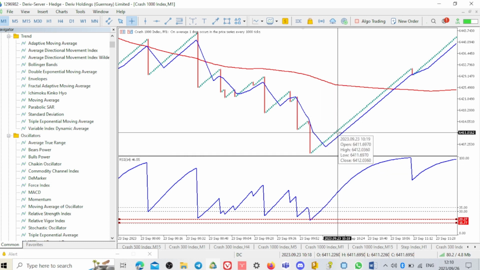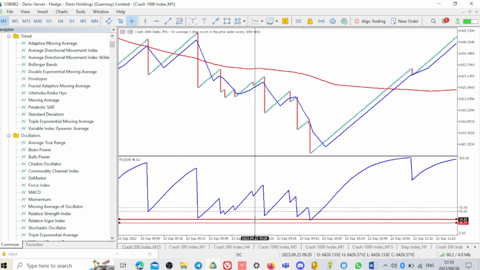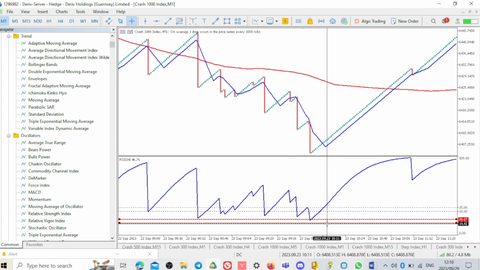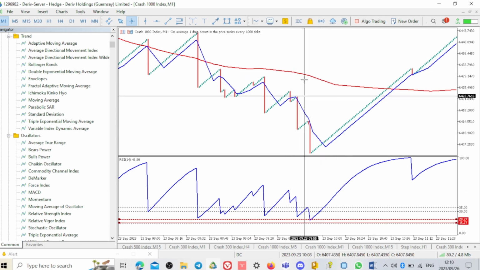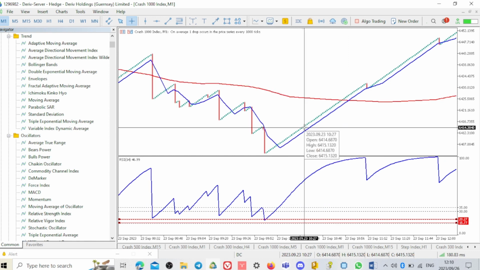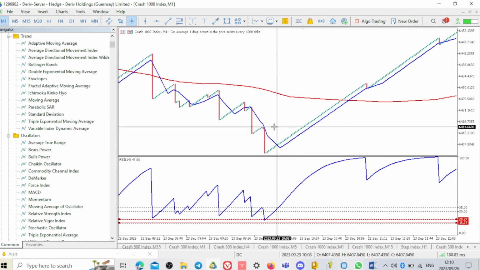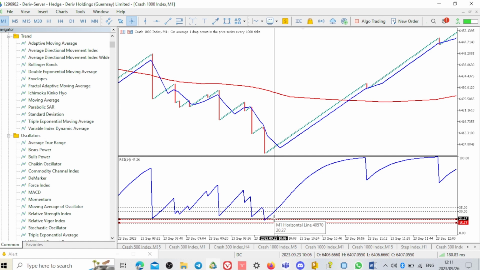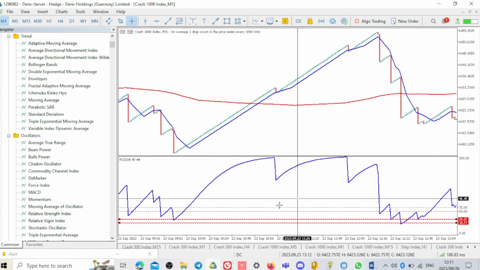So the most important thing that you have to know, we don't use level 30 and 35 when price is below this red line. The levels that we use are level 20 and level 15 when price is below this red line, because in crash, that's where we have a lot of spikes. That's why we have shifted to the lower levels, which is level 20 and 15.